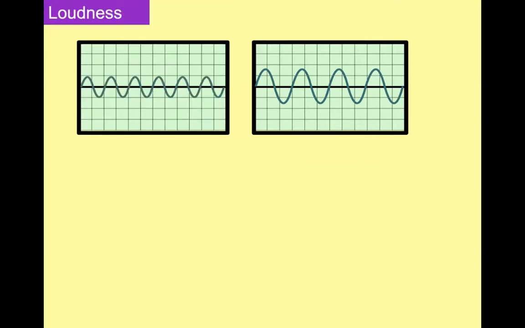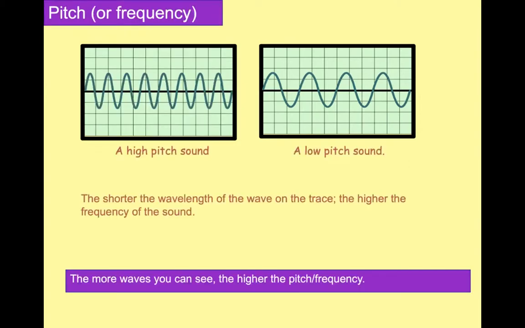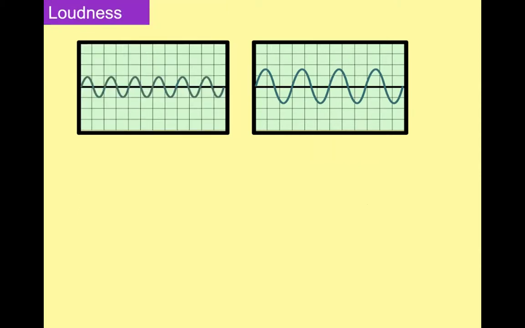Next, what about quiet and loud noise? Just now we talked about high pitch and low pitch. Now, how do we know which wave is a quiet sound or a loud sound? Well, we look at the height of the sound wave. In this first picture, the sound wave is only 1 bar.